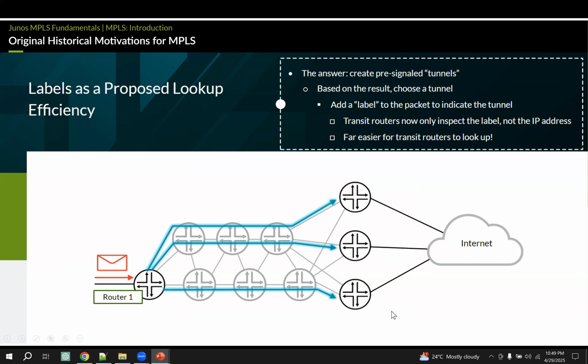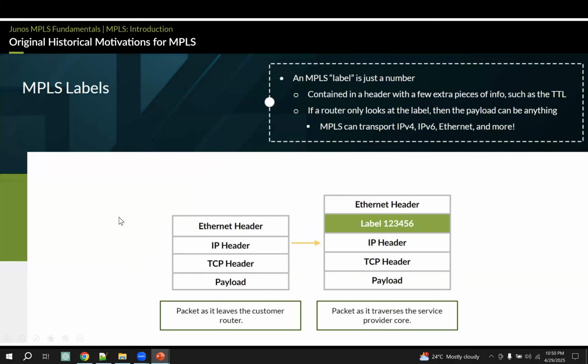Here is a P router, provider router, and another P router. They communicate from one point to another through label switching, and this label switching is faster. So this is the advantage of MPLS.